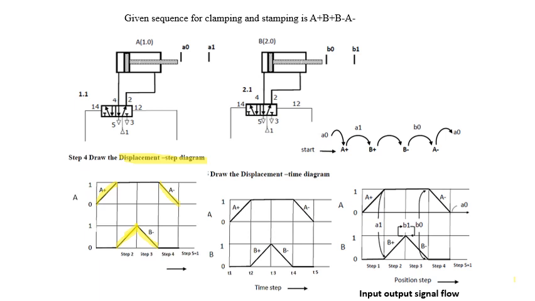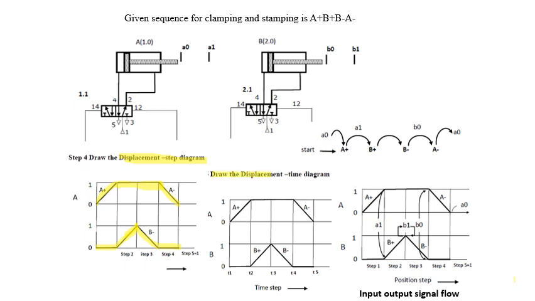After cylinder A moves forward, it needs to hold the same condition until cylinder B moves forward and retracts back. While cylinder B is moving, cylinder A holds its position. So cylinder A moves forward, then cylinder B moves forward, then cylinder B retracts, then cylinder A retracts, according to the given sequence.